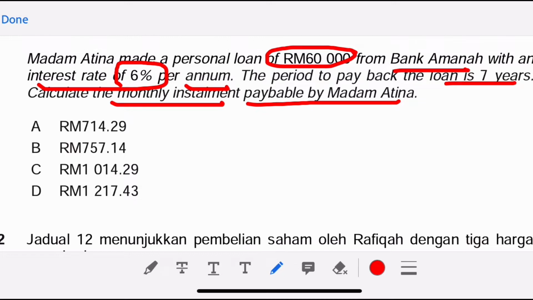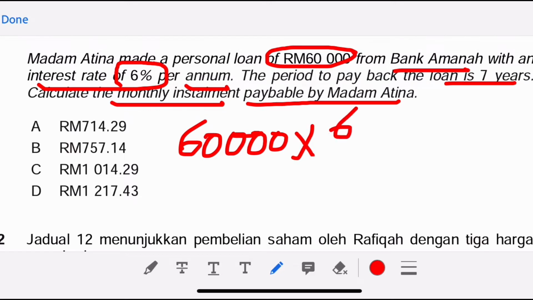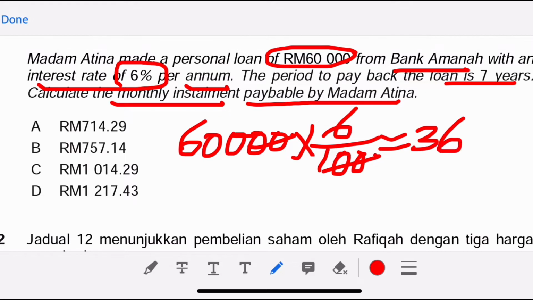So, how to calculate the installment: the loan is 60,000. The interest rate is 6 per 100 per annum. That means for one whole year, the interest will be 3,600. The period to pay back is 7 years.